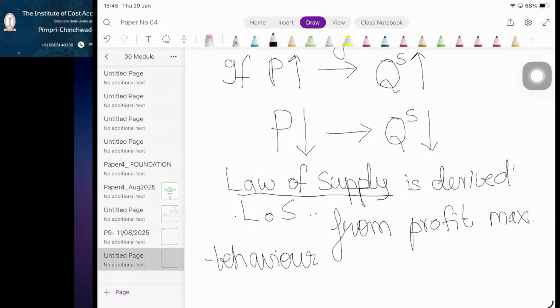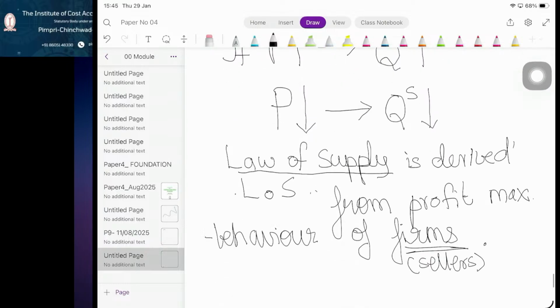The law of supply is derived from profit maximization behavior of firms. Okay, firms are, just remember, what you call sellers. Is that fine? It is derived from the profit maximizing behavior of sellers.